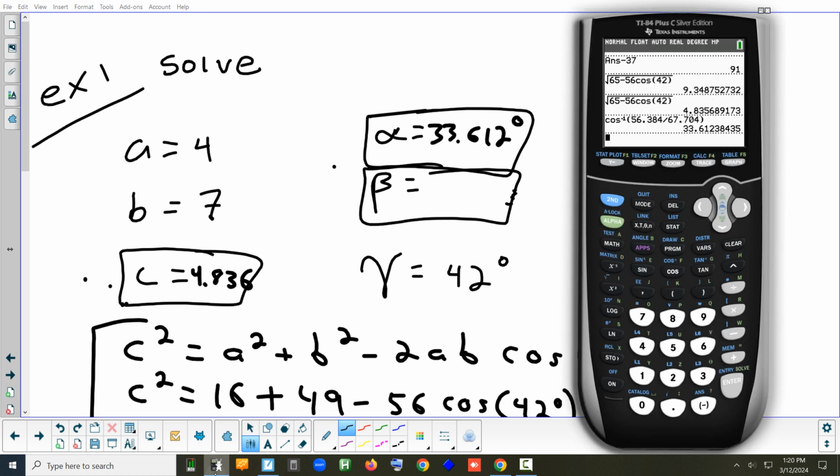Right, now we're just going to add them all up and subtract from 180. So 180 minus 33.612 minus 42. So that makes beta about 104.388.